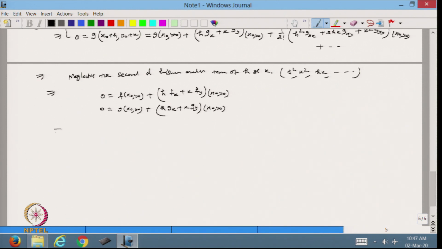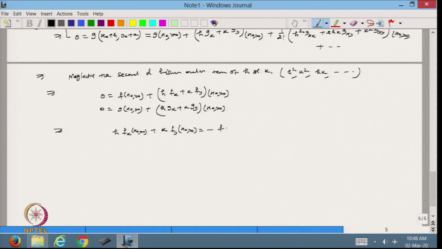So, from here I can write this as h f x at x naught y naught plus k f y at x naught y naught, and this is the value of the function at the initial guess.